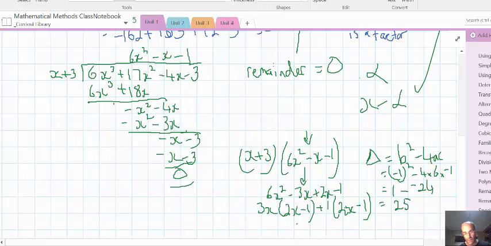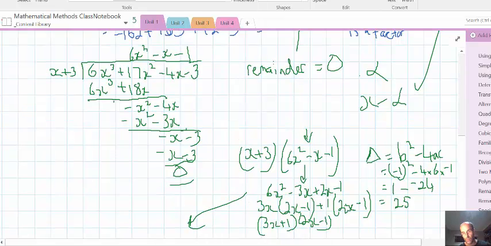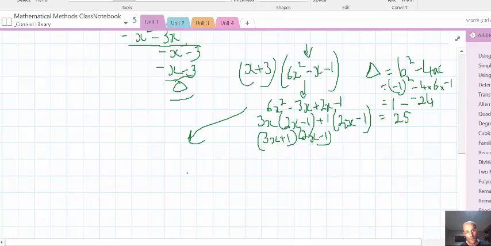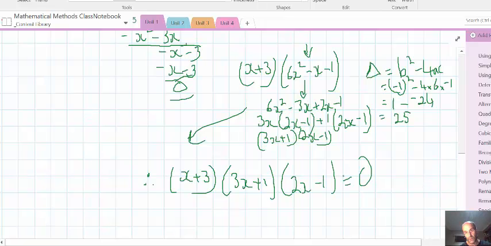We've got 3x plus 1 times 2x minus 1. That's the quadratic part. So overall, we have factors x plus 3, 3x plus 1, 2x minus 1, equals 0.